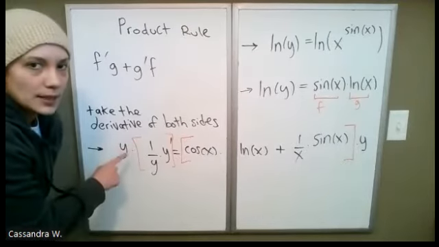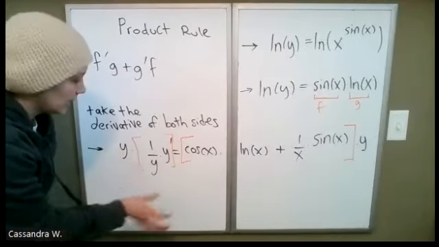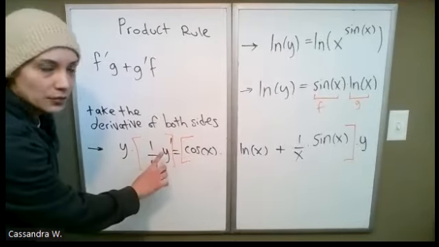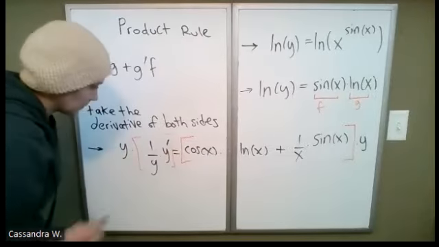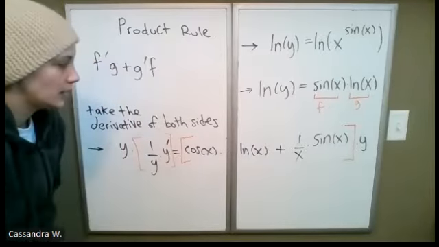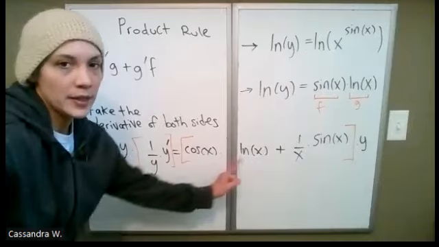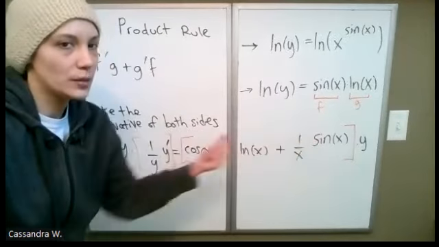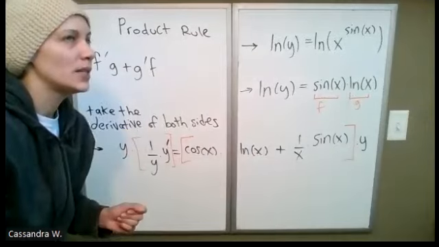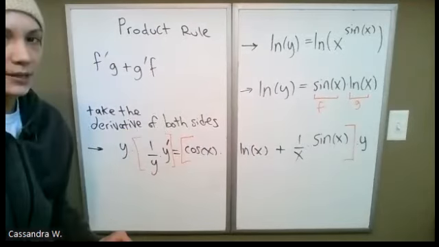Okay, so that way this y and that y will reduce and leave the y prime that we're looking for. And then on this side, we want the variable over here to all be x. So we'll replace that y with what we were given in the beginning. Y was x with power sine of x.